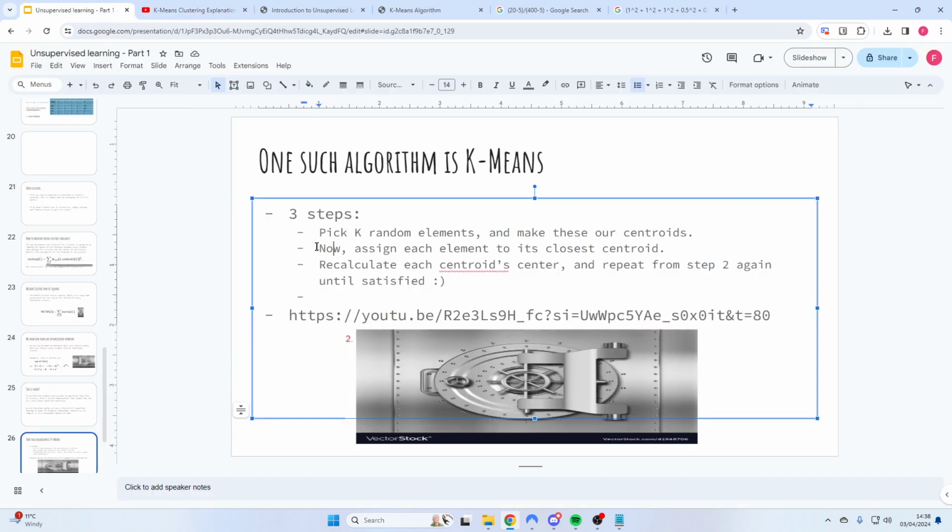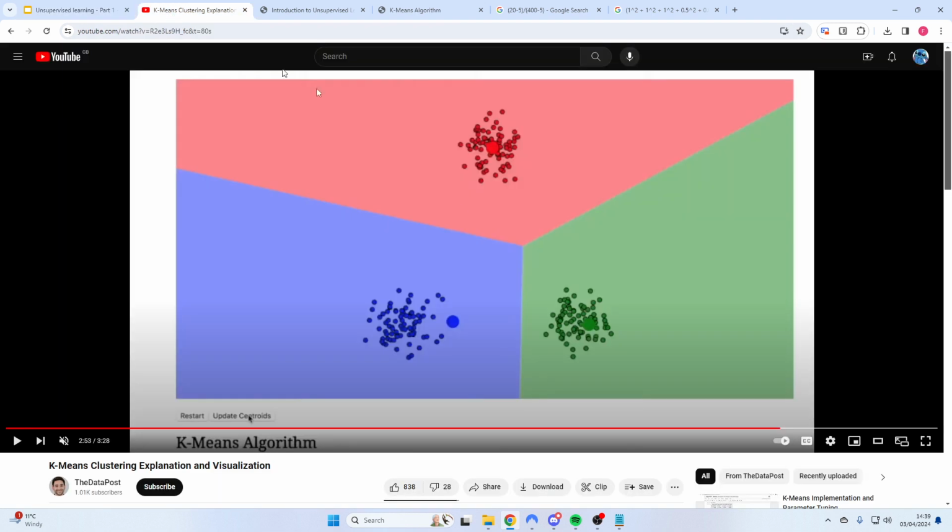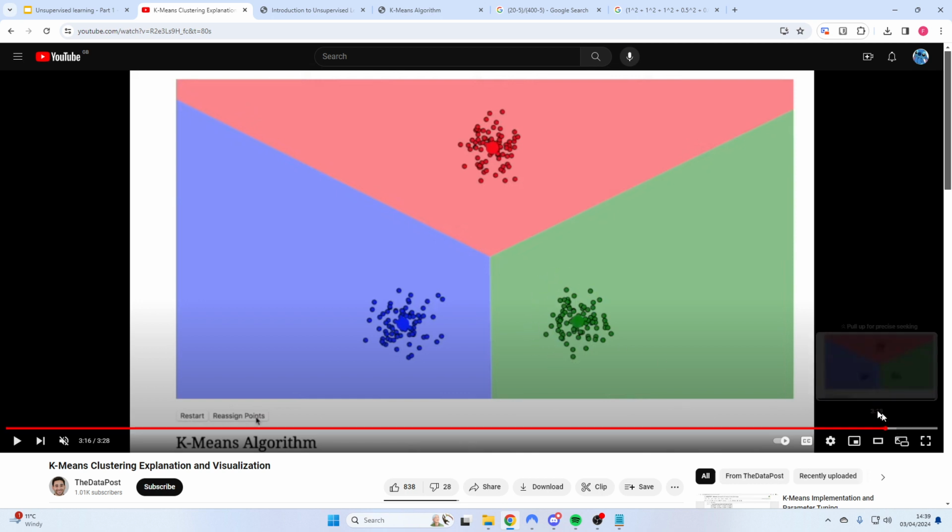So we've done step 2 again, and now we recalculate every centroid center. So blue's moved further into the center of these, red's stayed pretty much the same, and green's moved a little bit to the left because it now also has these extra elements. And now, every time we repeat again, it's not going to change any of the elements.